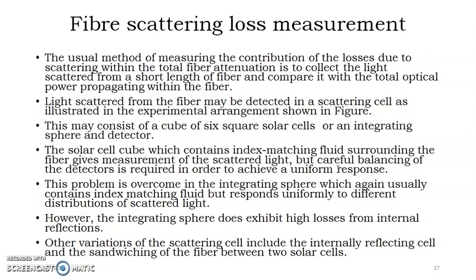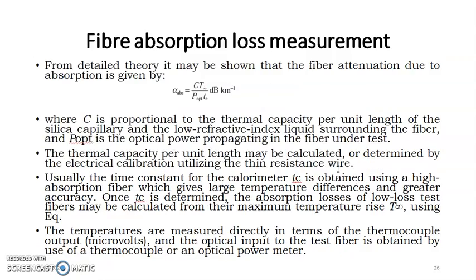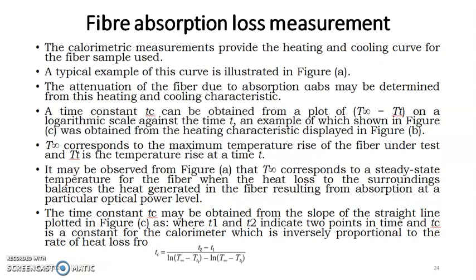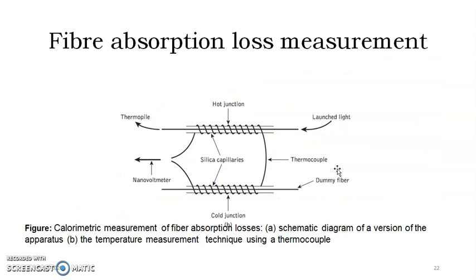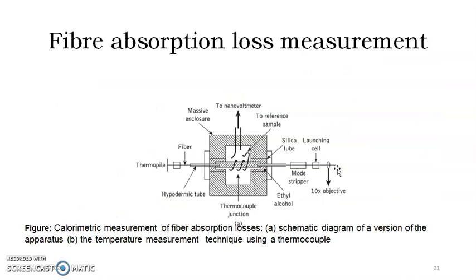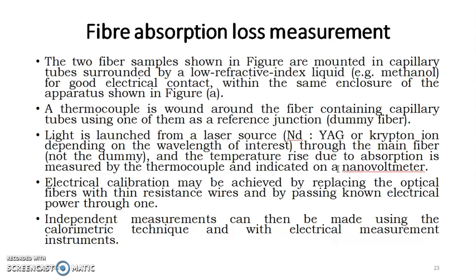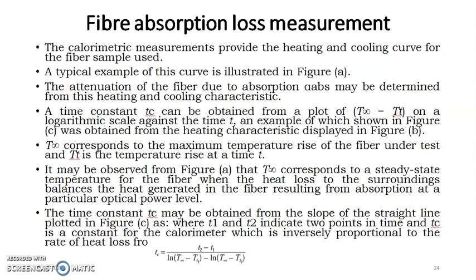So there are various ways to measure the attenuation. Generally C is a constant, and it depends upon what type of capillary tube we are using in the measurement setup, and what the refractive index is of the surroundings of the fiber.